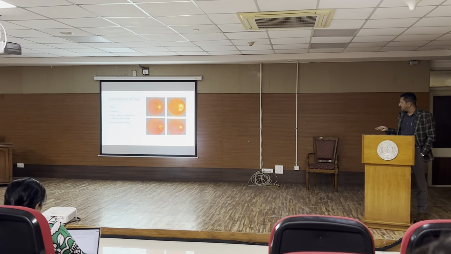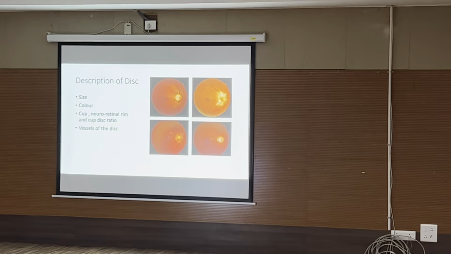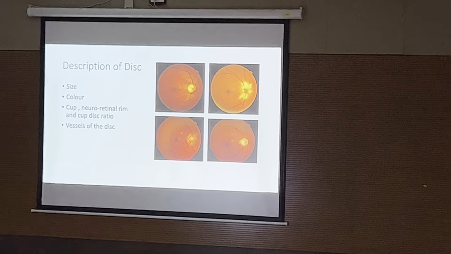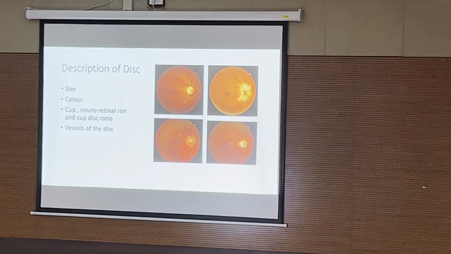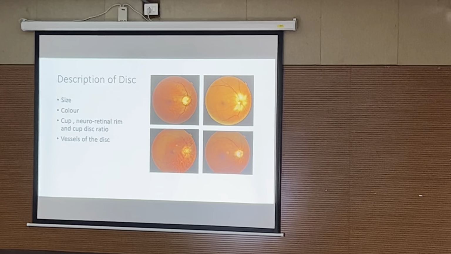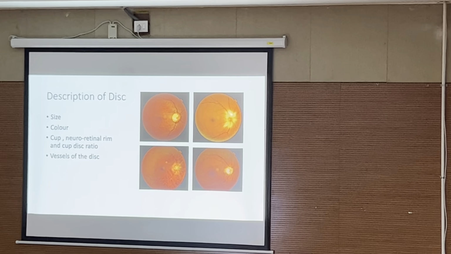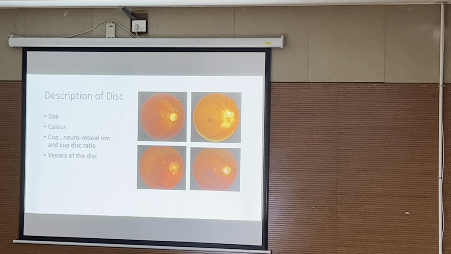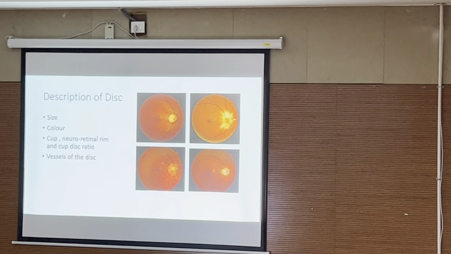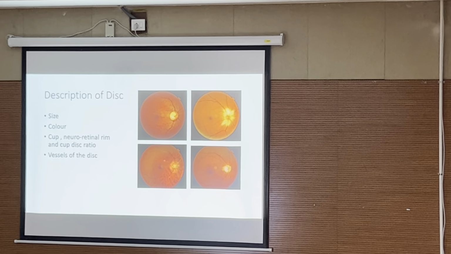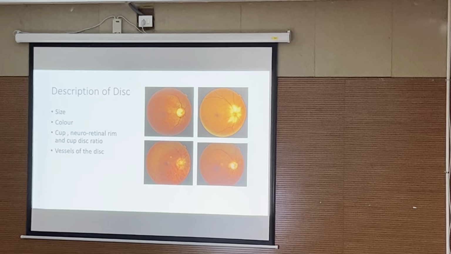You can describe here that media is grade 0 clear, and on the disc surface you can see the disc is pink in color, cup is small in size 0.2, and the disc margins are blurred, and we can see a whitish patch with indistinct borders all around the disc. So this finding fits into the case of medullated nerve fiber. That's how you have to describe a disc.